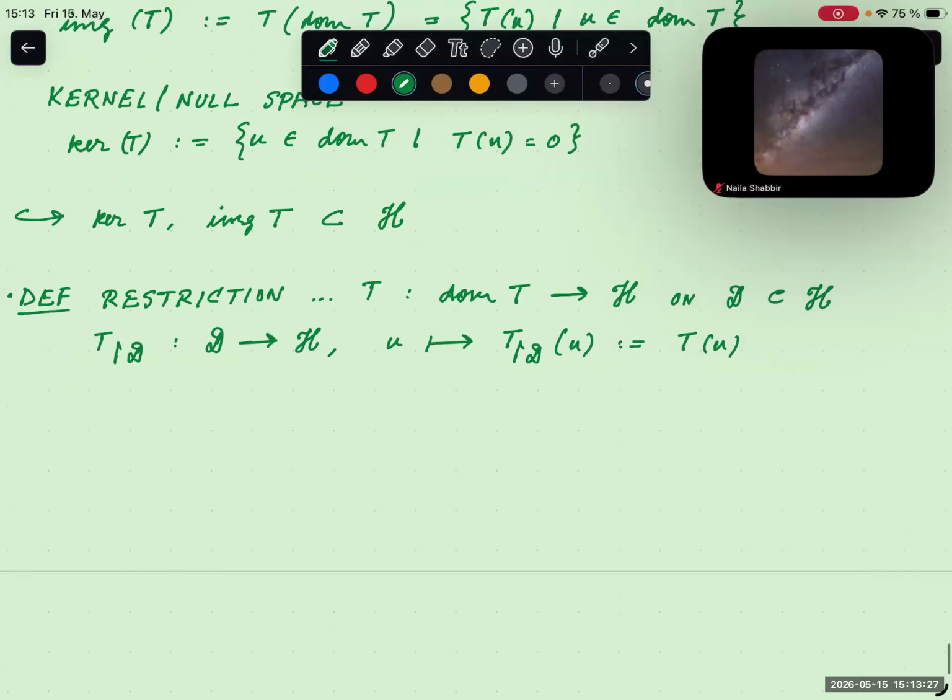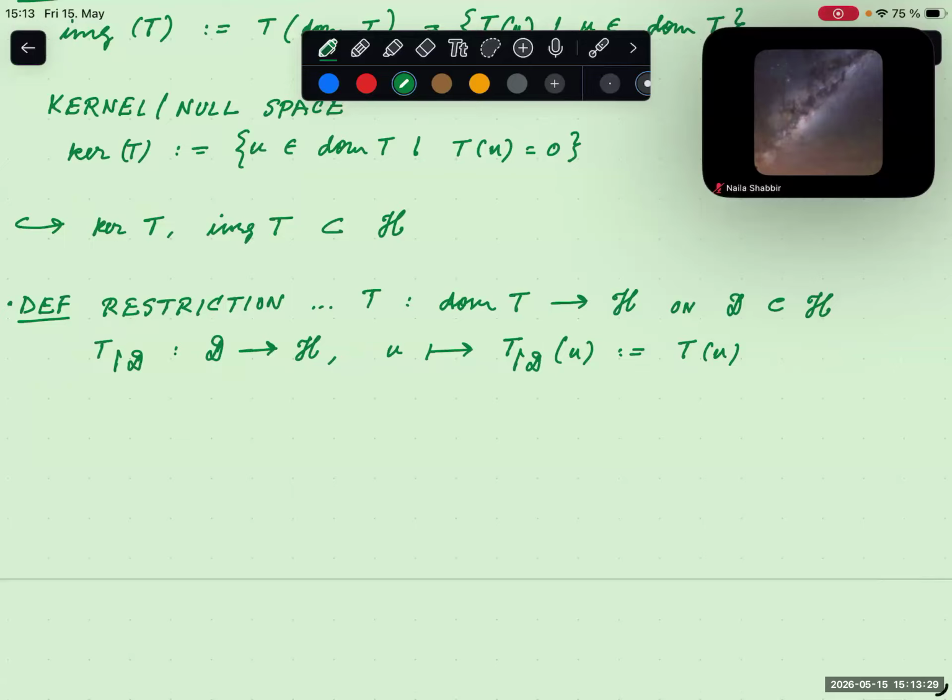Otherwise, you cannot take a restriction.